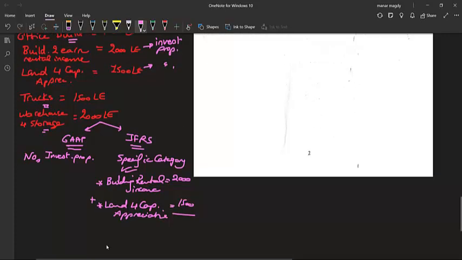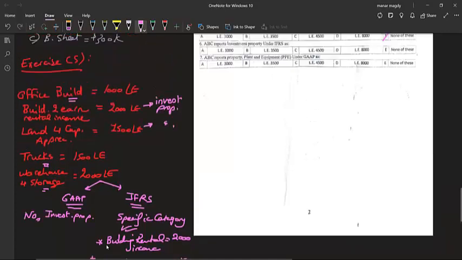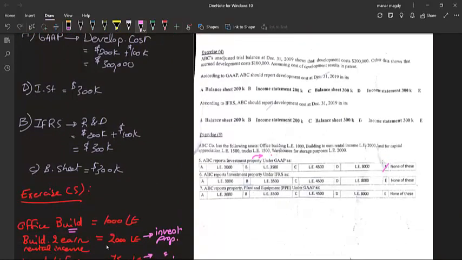So the total investment property in this case would be 3,500 LE. If we refer back to our choices, it would be choice number B.